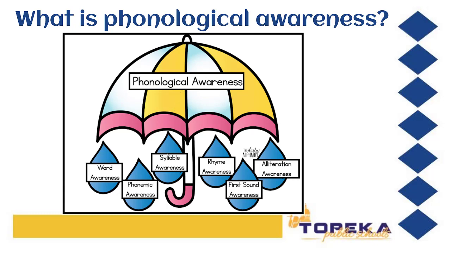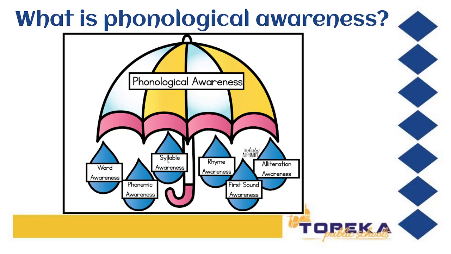Syllable awareness. In phonology, the idea that words are made up of syllables, understanding that today has 2 syllables, whereas cat has 1. When we look at phonological awareness, we're also looking at rhyming. Do we know that hat and bat rhyme? What's the first sound in a word? And alliteration.